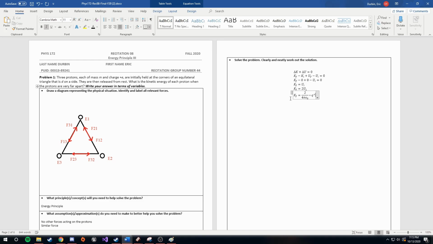And then all of that's divided by d. I need epsilon. What is the charge of a proton? I'm sure I have this written down somewhere. 1.602 times 10 to the negative 19. Fantastic.